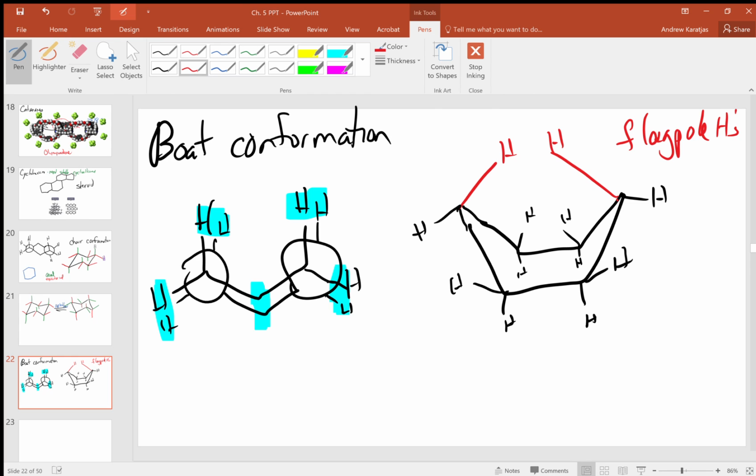What do you see about those hydrogens if you look carefully at your model? What you should start to see is that they get in each other's way. They're trying to occupy the same space. And two atoms trying to occupy the same space always works out badly.